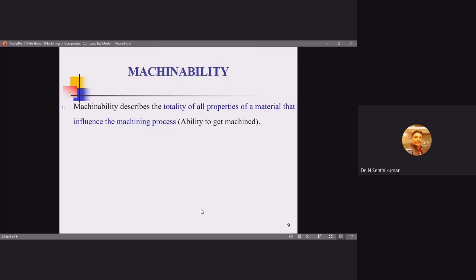Because whenever we machine these composites, the temperature of the interfaces will be really higher than that of alloy materials. So in those cases, the cutting tools should retain their hardness at a higher temperature, and should also be able to withstand the sharpness of the cutting edge. That's why we are going with cubic boron nitride or polycrystalline diamond. Okay. So it all depends on the material properties.